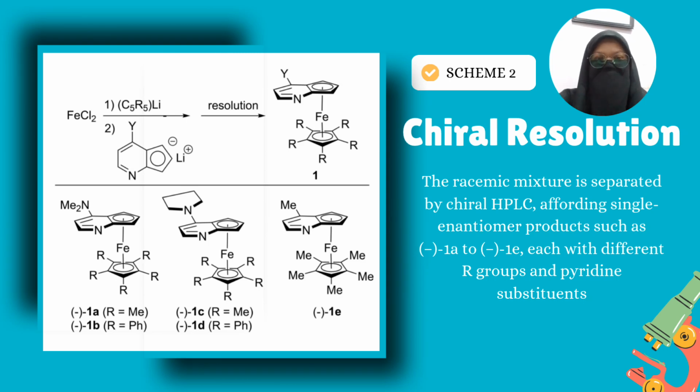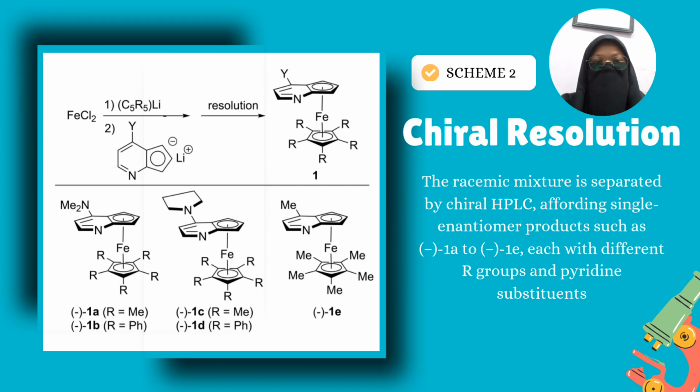The racemic mixture is then separated by chiral high-performance liquid chromatography, or chiral HPLC. This resolution gives a single enantiomer product, which is essential for asymmetric catalysis. At the bottom of the scheme, you can see some representative examples.